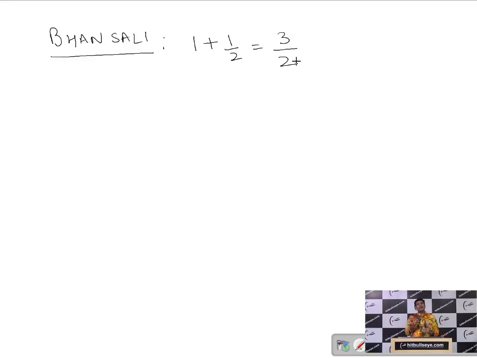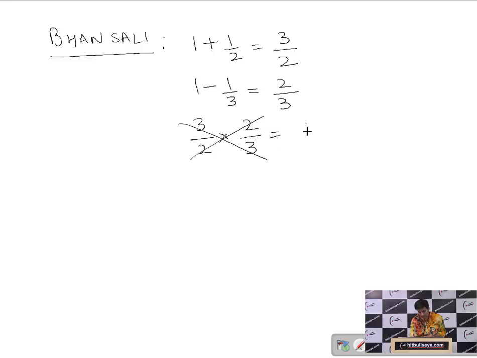Now the second effect in his salary was decreased by 33 1 by 3%. So 33 1 by 3 is 1 by 3. So decreasing by 1 by 3, we get 2 by 3. Now the combined effect of these two will be 3 by 2 into 2 by 3, which is 1. So that means Mr. Bhansali's salary is not at all affected. His original salary remains the same.